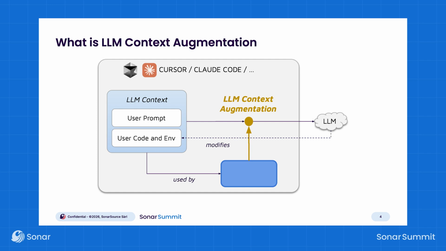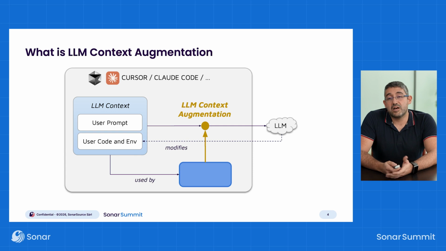Okay, so some words about what is, in general, context augmentation for LLM. The context is kept by an agent, such as Cursor and Claude Code, and this agent is the one that keeps an LLM context. Because the LLM is stateless, it does not have memory of a conversation.